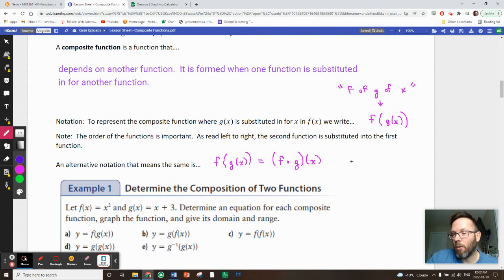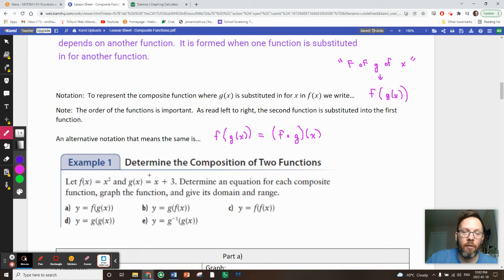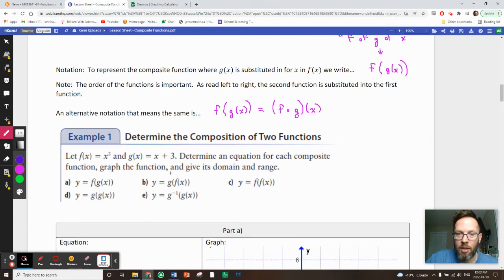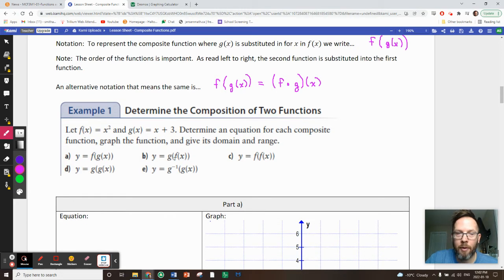All right. So let's wrap our minds around this by actually creating some composite functions and getting a bit of experience substituting a function into another function. We're going to do 5 of these, and we're going to use some simple functions for f and g: the basic quadratic function, f of x equals x squared, and a simple linear function, g of x equals x plus 3.